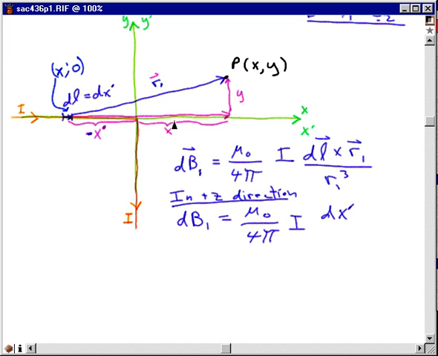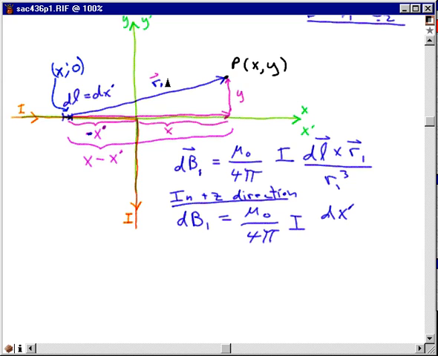So the total length of this leg, the horizontal component of the position vector of point P relative to the little wire segment under consideration, is x plus the negative x prime, or x minus x prime.